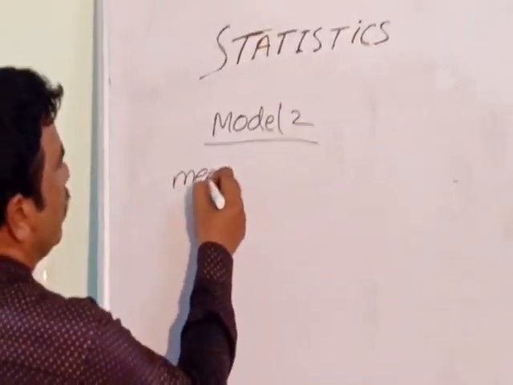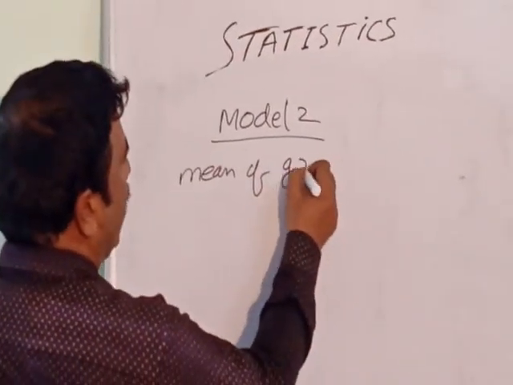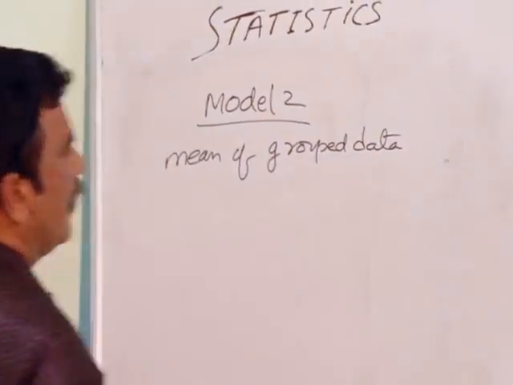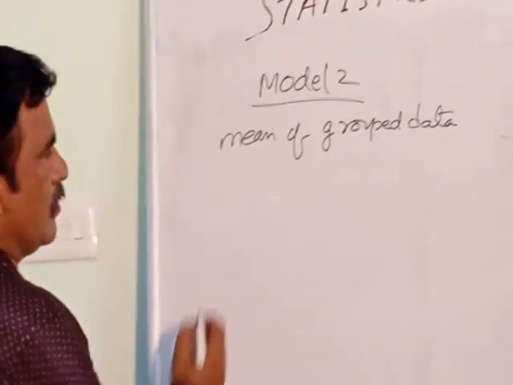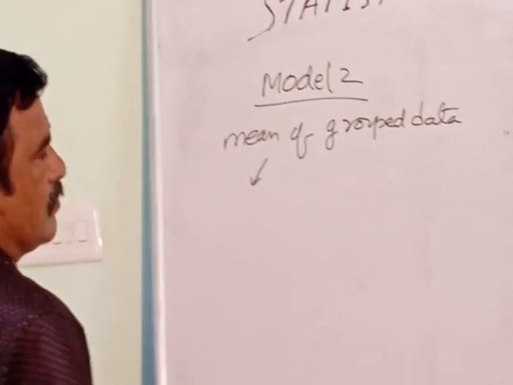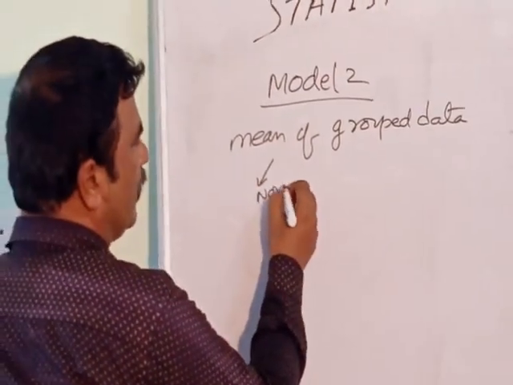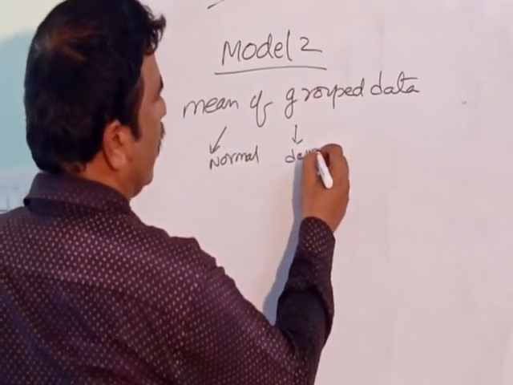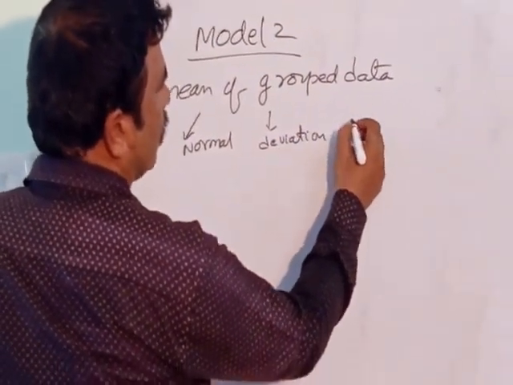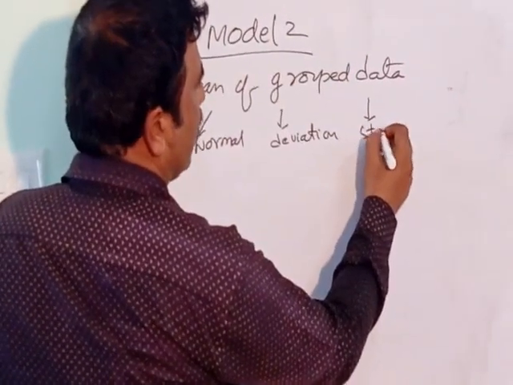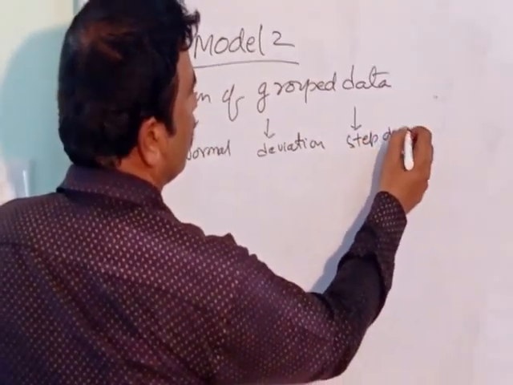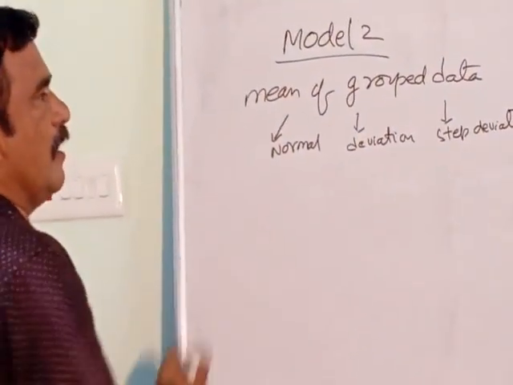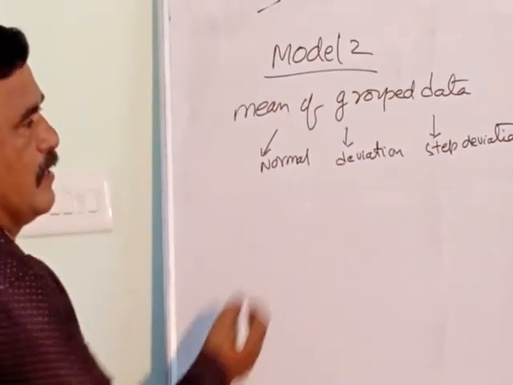Model 2: mean of grouped data. In this there are 3 problems: first, the normal method; second, the deviation method; third, the step deviation method.